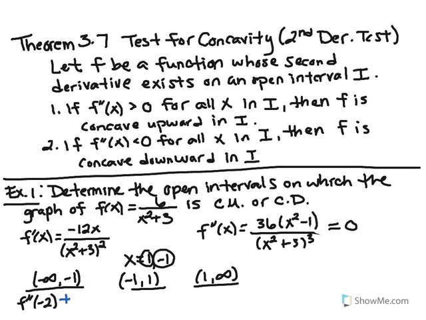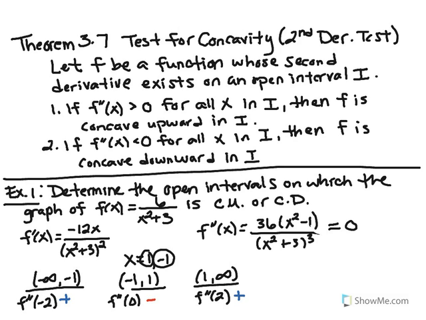So this is greater than 0. For the next test interval, I'm going to use f double prime of 0, right smack dab in the middle. And this happens to be something that is negative.